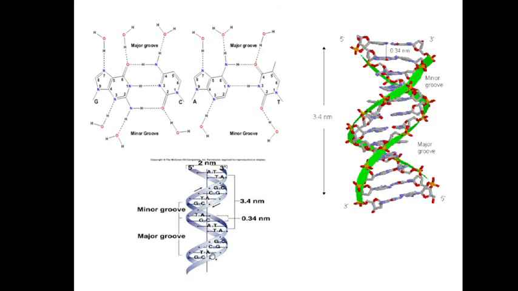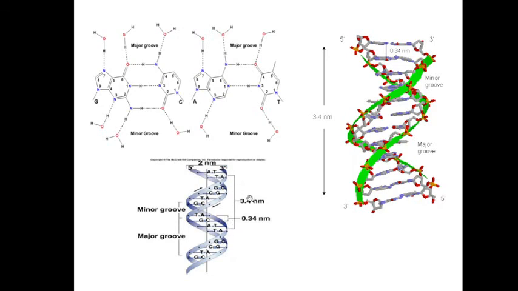Now the helix, the B form of DNA, has some numerical values. Its diameter is 20 angstrom, that is 2 nanometer. One helix, that is from one minor groove to another minor groove, this particular turn we call one helix.